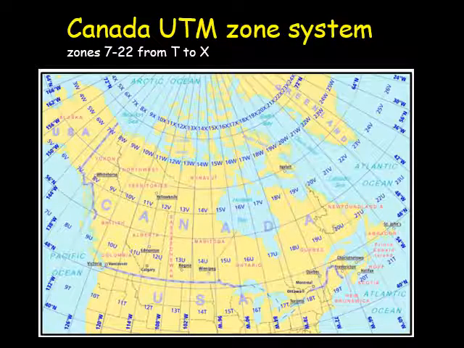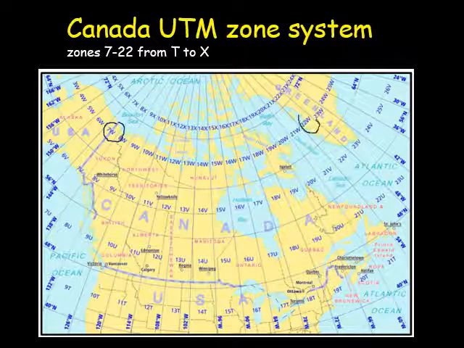So here you see Canada with zones 7 to 22 measured relative to the 180 degrees meridian, and each of these zones is 6 degrees longitude wide. So therefore the zone is actually wider at the bottom than at the top, and it converges all the way up.